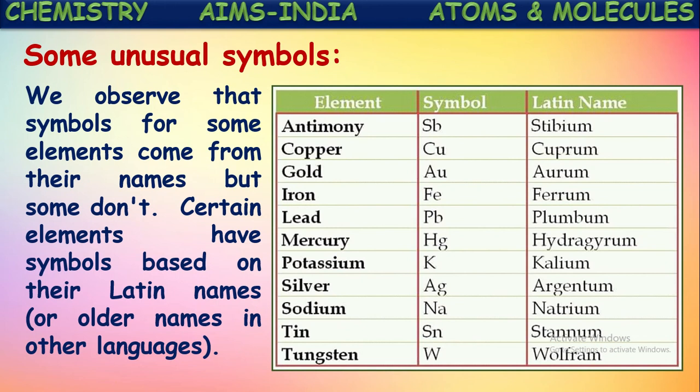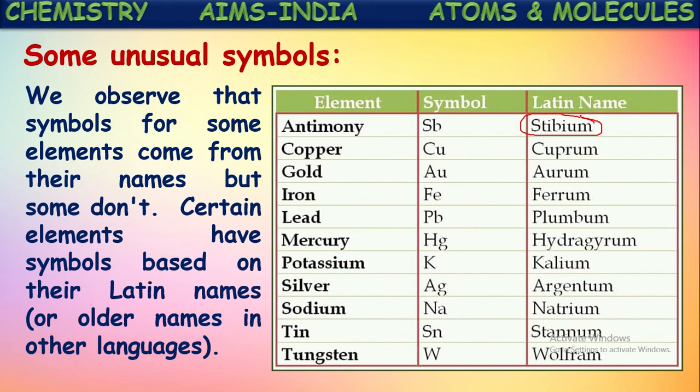Actually, with its starting letter A, along with that either An or Am should be taken as the symbol. But its symbol is Sb because its Latin name is stibium. From this Latin name stibium, its symbol is derived as Sb. Yes, first letter along with the second prominent letter B is taken into the symbol.